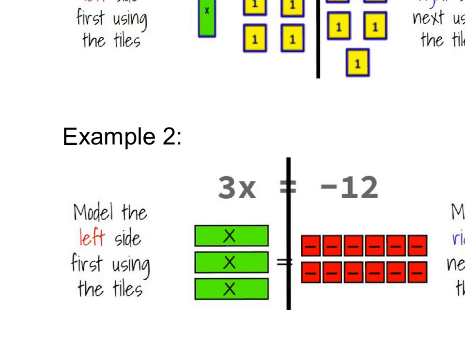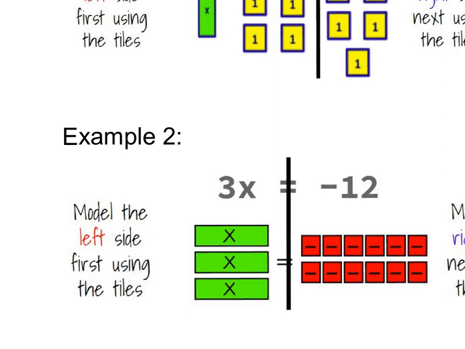You do not have to color these algebra tiles. So you can just put a rectangle, put an x inside. On the right-hand side of this example, you have the constant -12. So there are 12 squares with minus signs inside to represent negative. So this would be the model that would represent that equation.